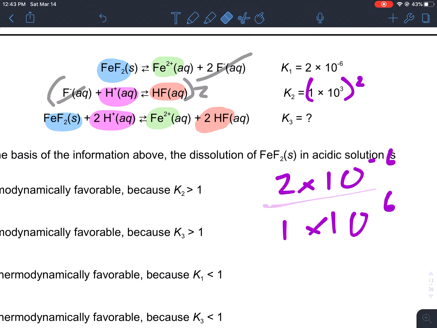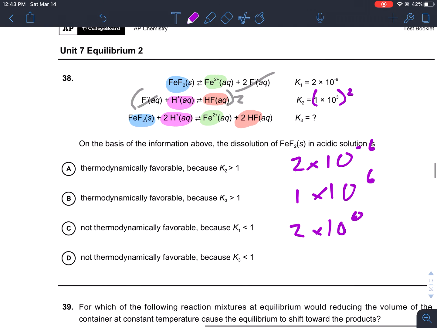These are your two new K values. This is going to become 2 times 10 to the negative 6? No. You're going to multiply it. It's going to be 10 to the 0. So, in other words, your K is 2.